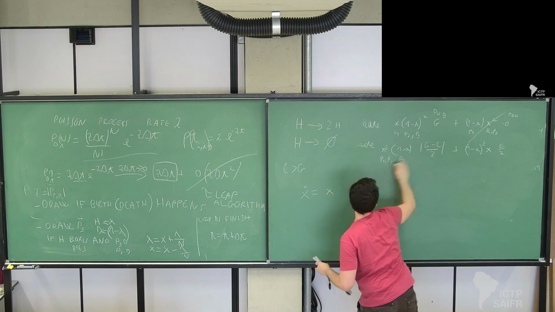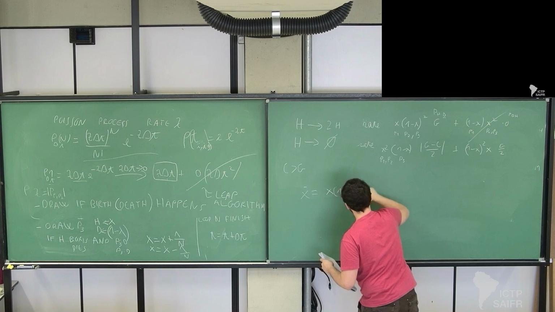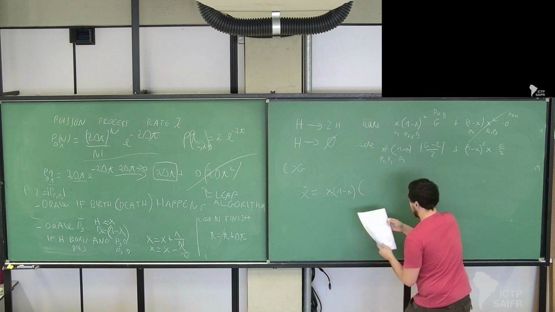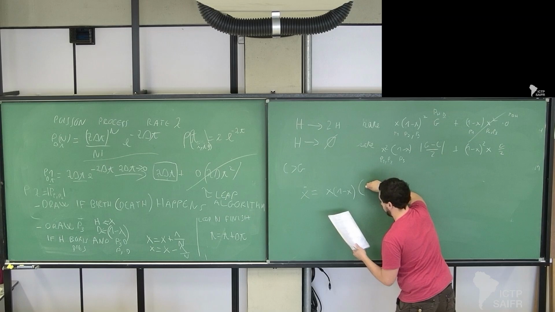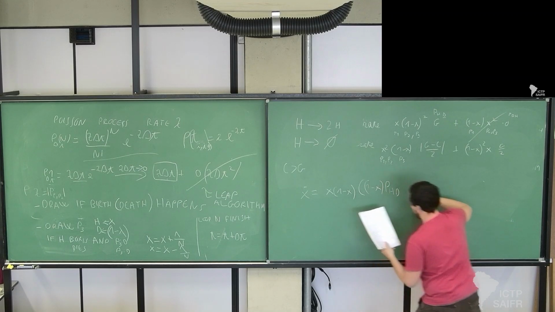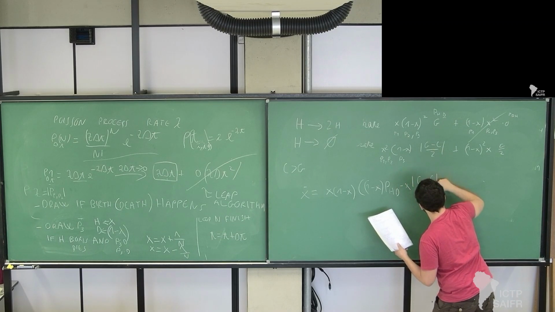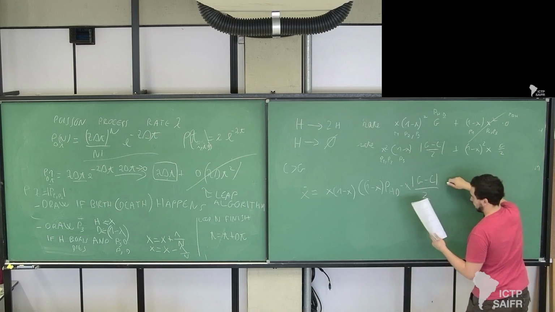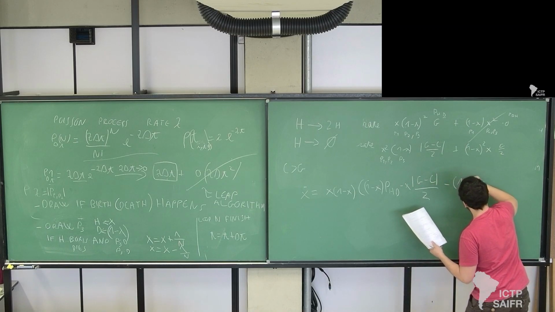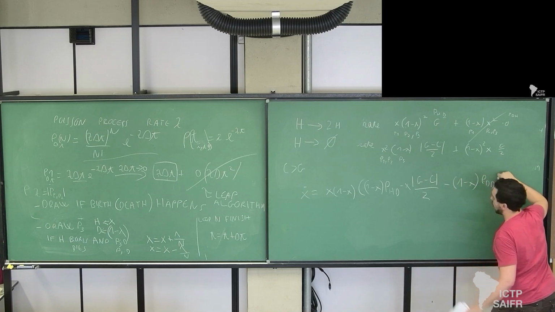and you factorize all the x times (1 minus x) terms that you have there, you will get (1 minus x) P_HD minus x times modulo of (G minus C) over 2 minus (1 minus x) P_DD, okay?